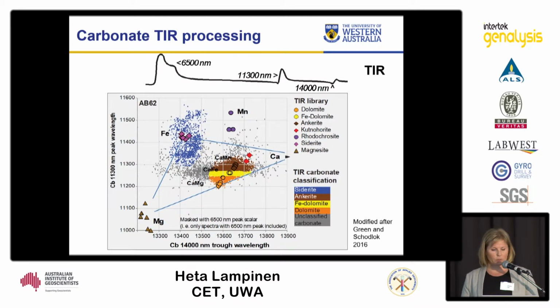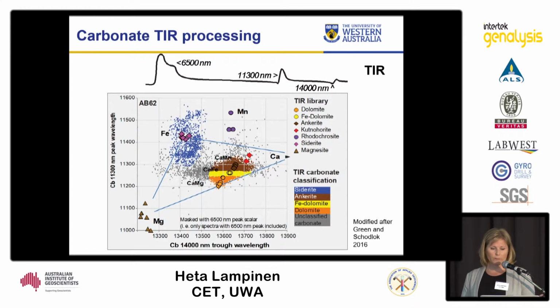So in this plot, first made by Green and Shotlock, you see that everything in the plot is filtered by the first feature at 6,500. Then the other two carbonate features, which change position based on the compositional shift in the carbonate, give the other axis of the plot.